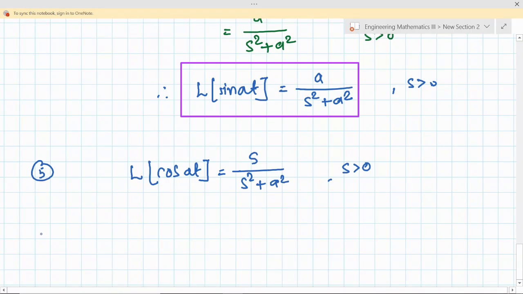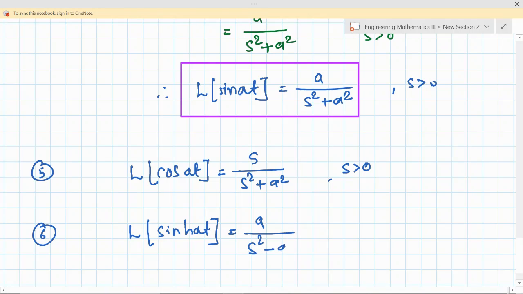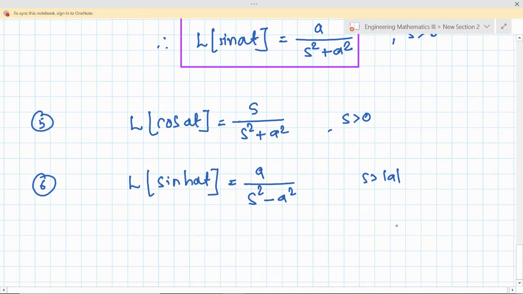Okay, so in the similar way, the sixth rule that we have, Laplace of sine hyperbolic at. So the only change is what? See, in the sine at it is a upon s square plus a square, here it is a upon s square minus a square, where s is greater than mod of a.